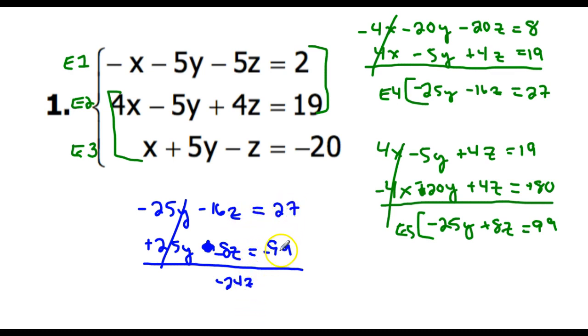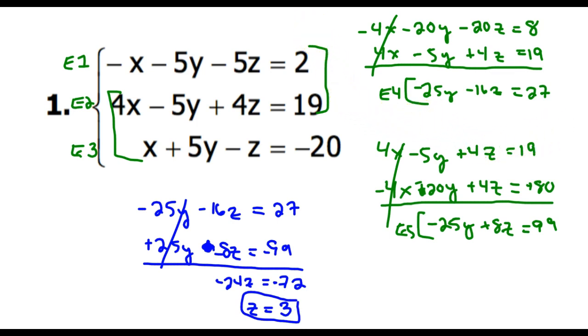And then 27 and a -99 is going to give me -72. And then divide both sides by -24, and it looks like z is going to come out to be +3. So I have found the value of z, but I'm not done. I still need to know what x and y are.